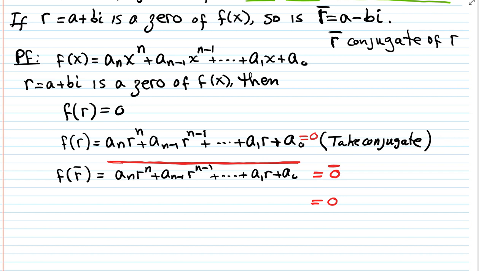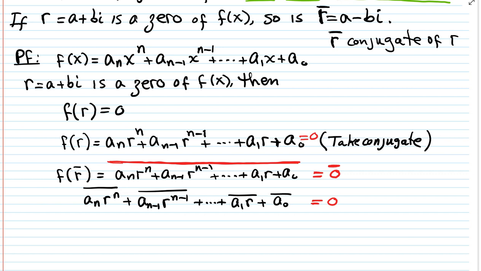And using properties of conjugates, again, the conjugate of a sum is going to be the sum of the conjugates. So I can write this as the conjugate of a sub n r to the n, plus the conjugate of a sub n minus 1 r to the n minus 1, plus dot dot dot, plus the conjugate of a1 r, plus the conjugate of a sub 0.